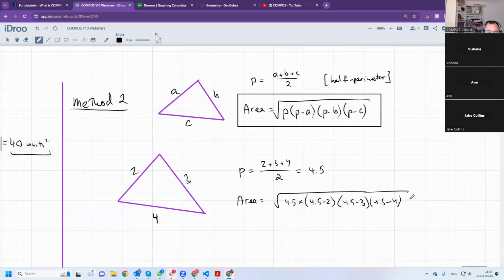It's a very neat formula to use when you know 3 sides of the triangle. And this is going to be square root of 4.5 multiplied by 2.5 multiplied by 1.5 and multiplied by 0.5.